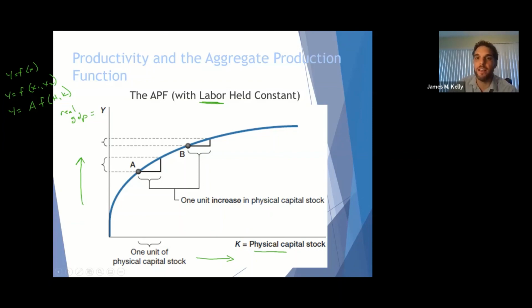And so we see, again, there's diminishing returns, where if we look at point A and point B, we see a 1 unit increase in physical capital stock. Notice that this horizontal distance here in green represents a 1 unit increase in capital. We'll notice that the increase in real GDP, let's say it goes from Y1 to Y2, is going to be bigger than the increase in real GDP when we go from, let's say, Y3 to Y4.